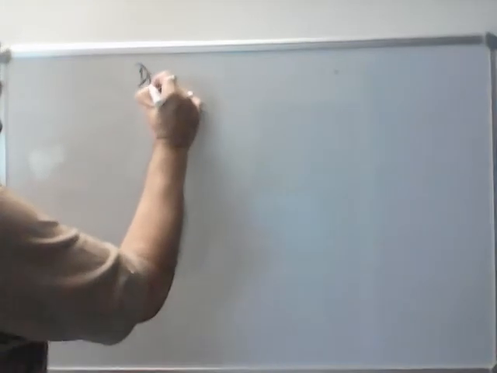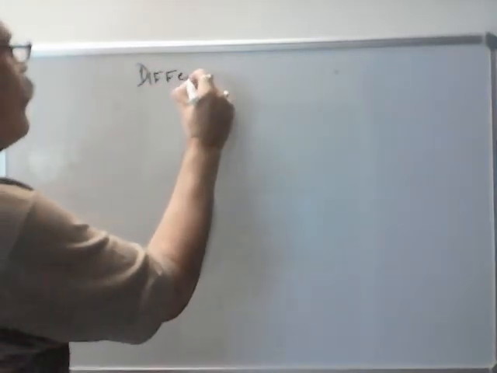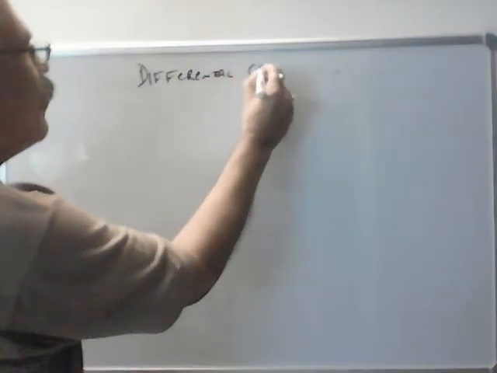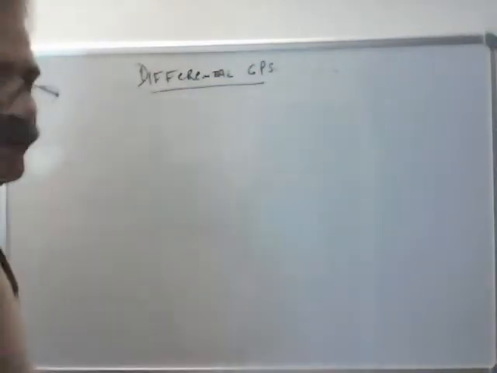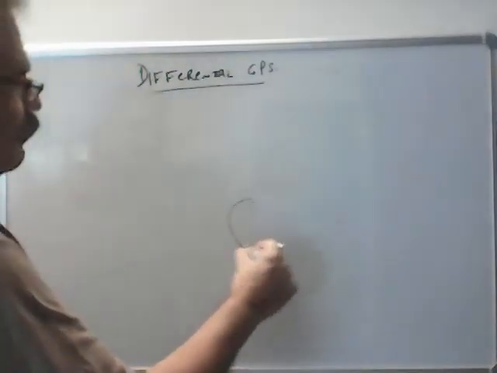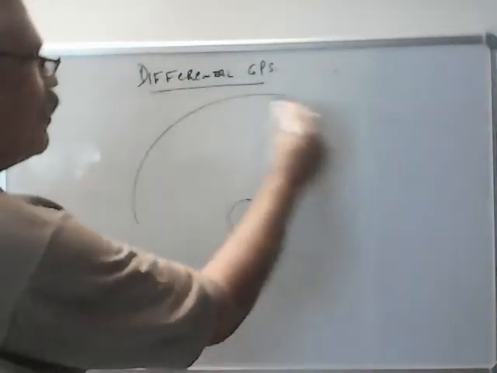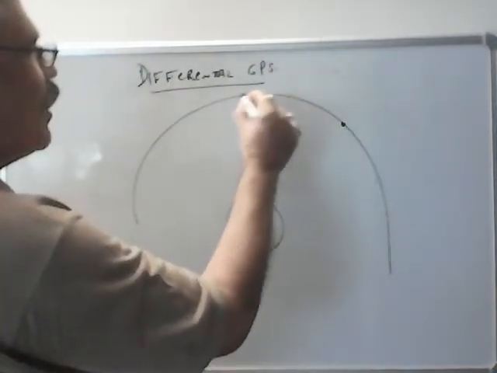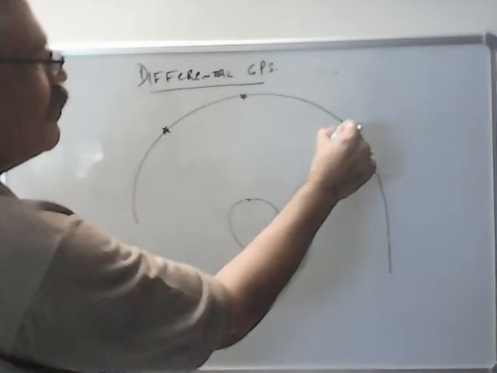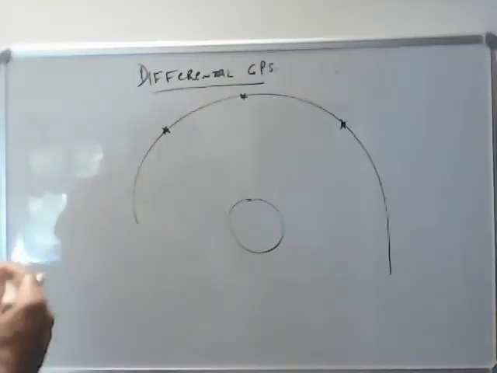Now we will do differential GPS. Now in our normal GPS, we have the Earth, celestial sphere, GPS satellites, and these satellites were stationary or moving.